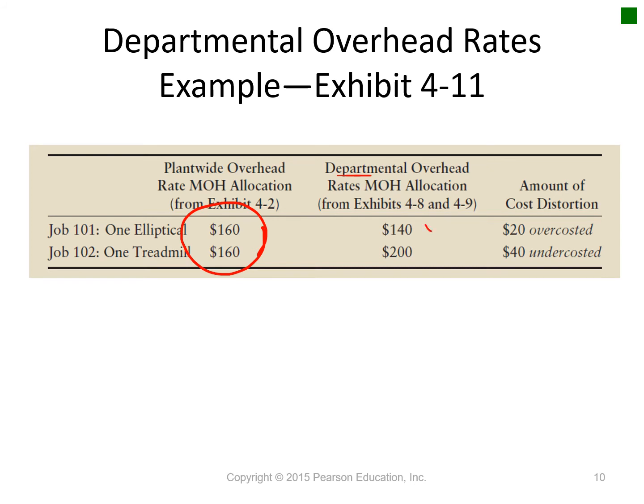The elliptical got 140 and the treadmill got 200. So if you're comparing apples to apples in terms of costing, 160 versus 140, we were overcosted for the elliptical. For the treadmill, 160 versus 200, we were undercosted for the treadmill. So you can see how it does affect product costing, which affects pricing, it affects customers, it could affect the company's ability to make money.